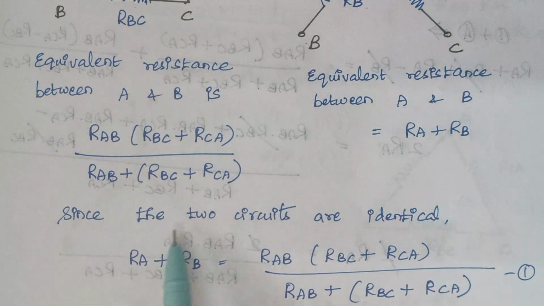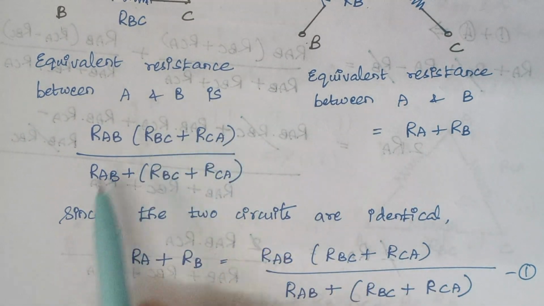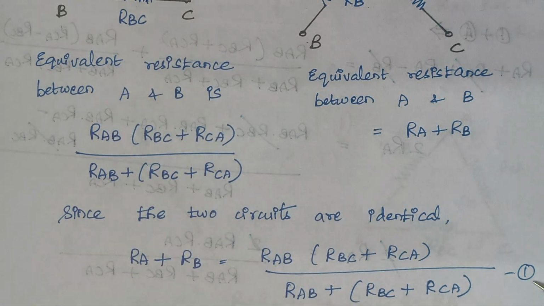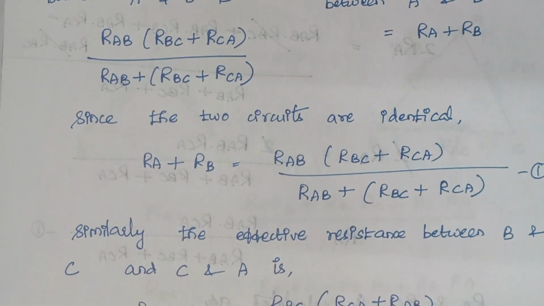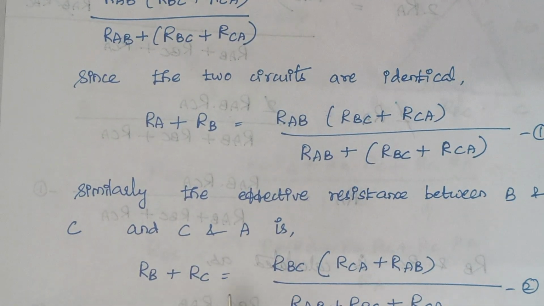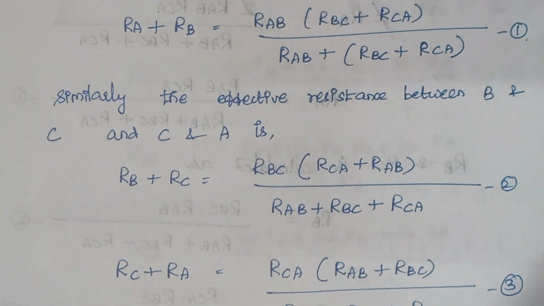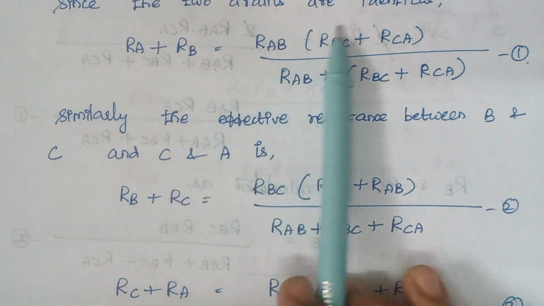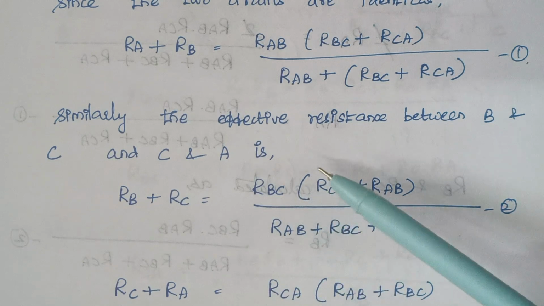So RA plus RB is equal to this combination. Mark this as equation number 1. Similarly, write down the equations for RB plus RC as well as for RC plus RA. Once you have framed the basic thing, you can extract the remaining ones accordingly.